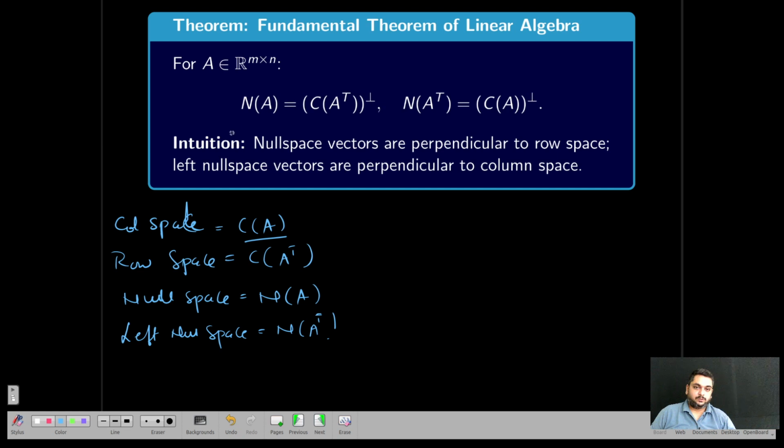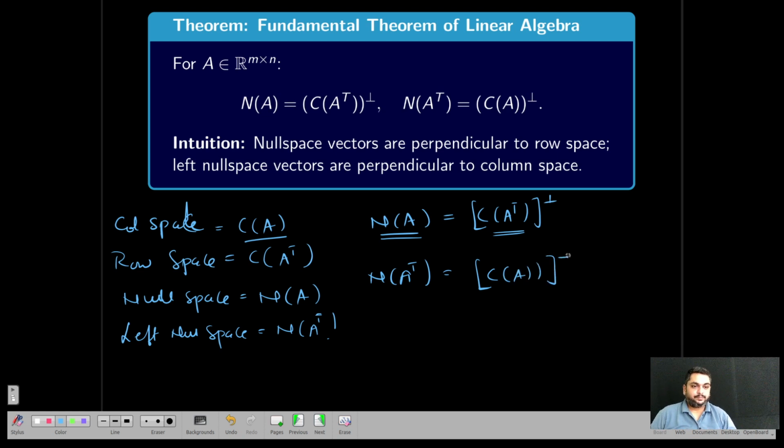They are orthogonal. That is, the null space of A is the orthogonal complement of C of A transpose, the row space. The left null space, that is the null space of A transpose, is orthogonal to C of A. That is the meaning.